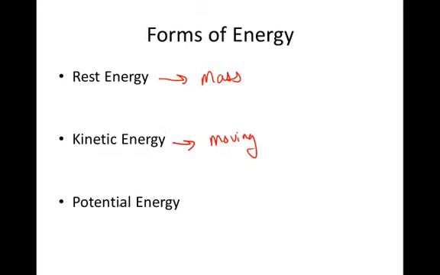And then the third class of energies that we've talked about are the potential energies. And basically this is kind of a catch-all. Anything that's not associated with the mass or the fact that the particle is moving falls into the category of potential energy. This potential energy is associated with a force, in particular a conservative force. We'll talk about that in a later section.